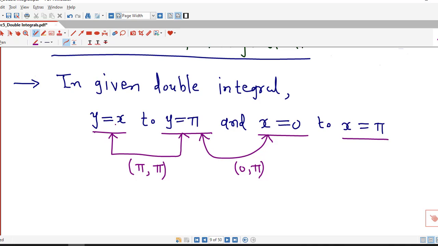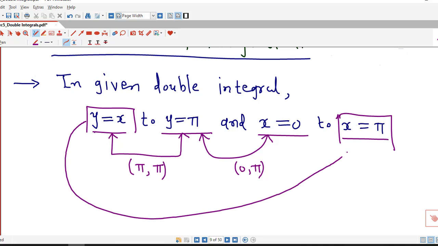Similarly, if we consider x equal to pi and y equal to x, then if we put x equal to pi, we obtain y equal to pi. So these two will also intersect at the point pi comma pi, and x equal to pi and y equal to pi will also pass through the same point pi comma pi.